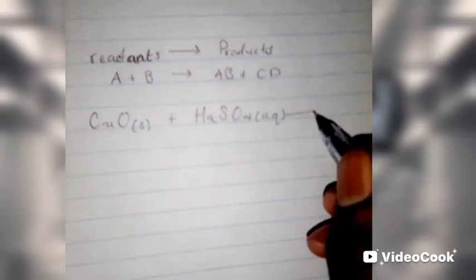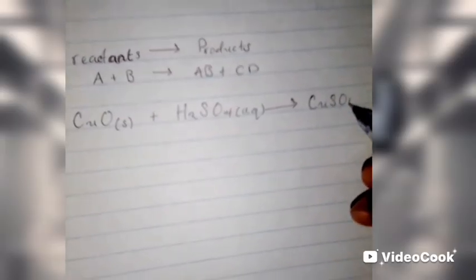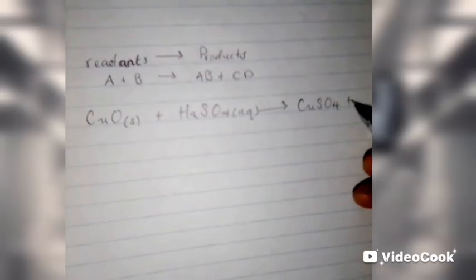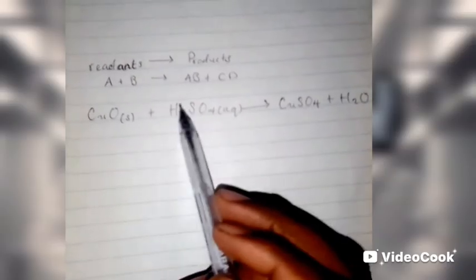And this is going to produce copper sulphate and water, because whenever we have a basic oxide reacting with sulfuric acid, it's going to give us a salt as well as water. So this right here is going to be the reaction equation. We're just going to put aqueous there since it's a salt solution, and L for water, meaning that it was produced as a liquid.